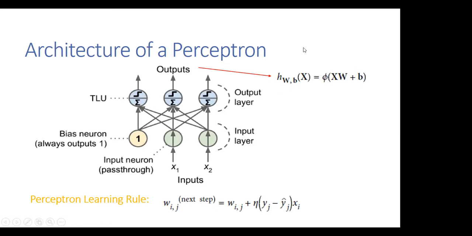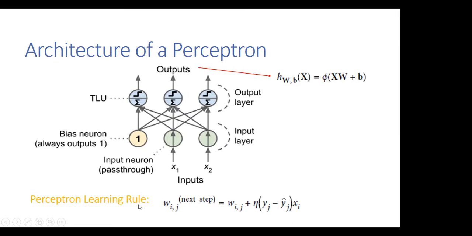And here is the output formula. Here X is the input, W is the weight, and B is the bias. And this one is the activation function, maybe a step function or a sign function.